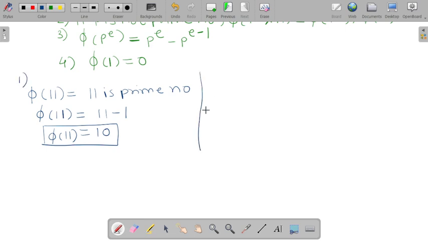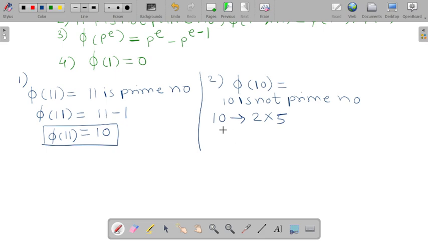Now the second example is to solve for phi of 10. We check that 10 is not a prime number. So we can write 10 is equal to 2 into 5, that is m into n. So phi of 10 we can write as phi of 5 into phi of 2.